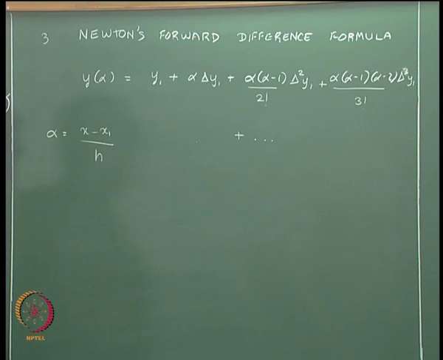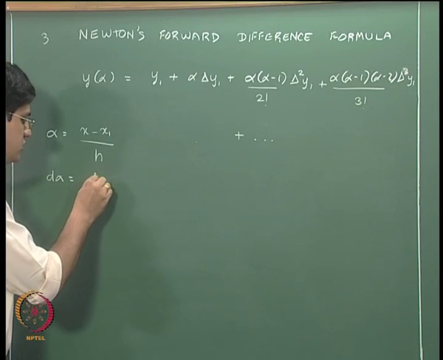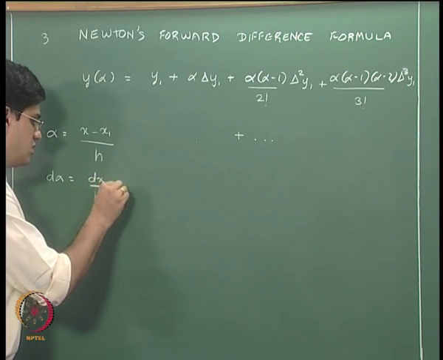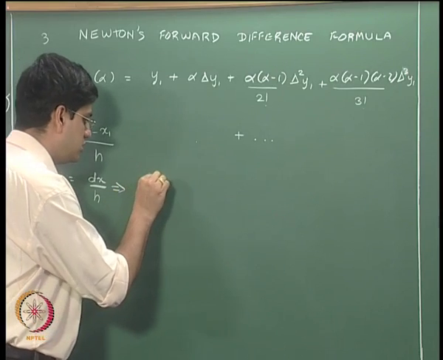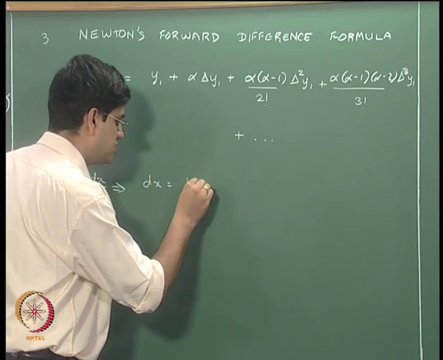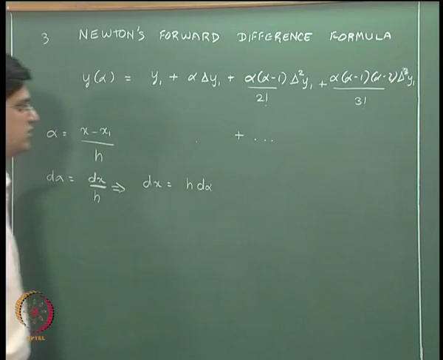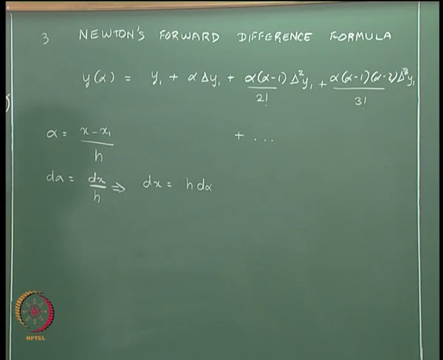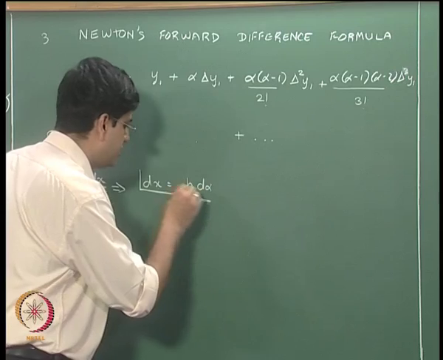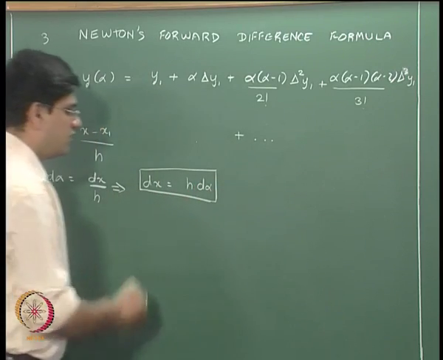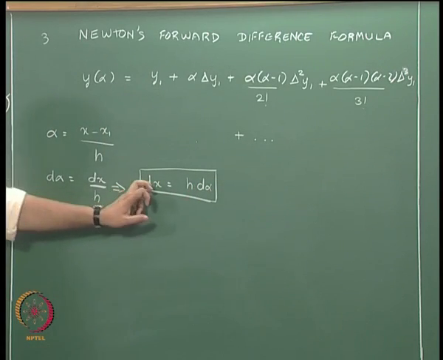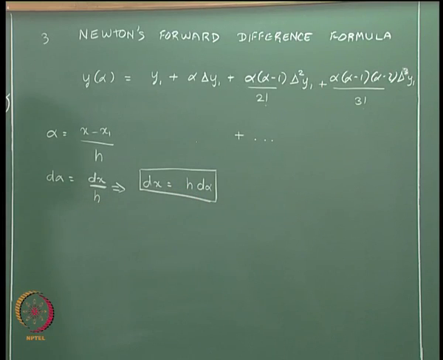So when we differentiate this, we get d alpha equal to dx by h, or dx equal to h times d alpha. This is what we will get when we substitute the value of dx in terms of d alpha.